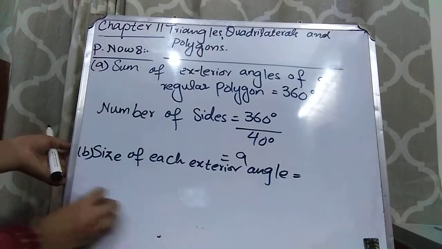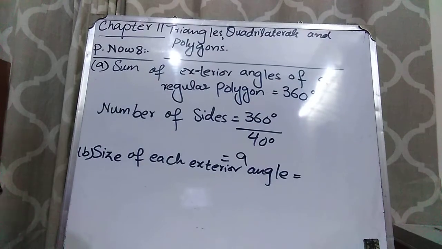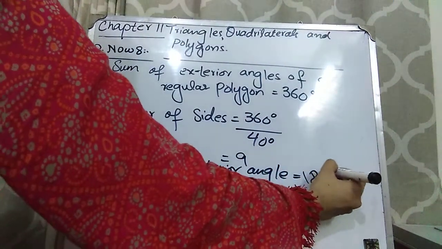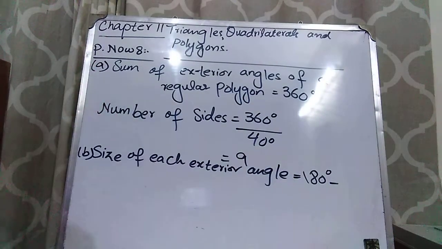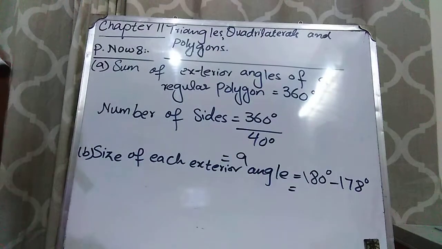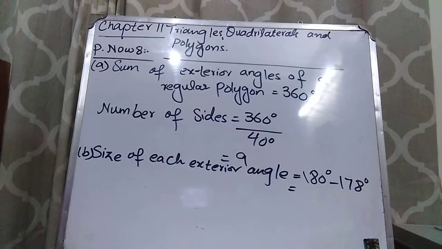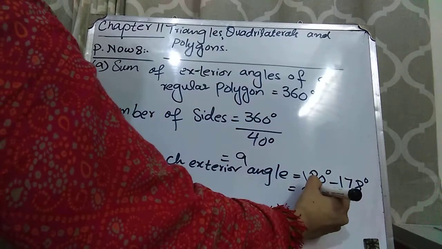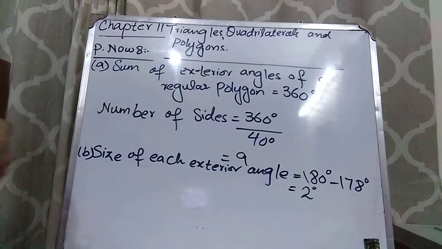All right, so here you will find out the size of each exterior angle by subtracting the interior angle from 180 degree, and that is 178 degree. Each interior angle is 178 degree. So when you will subtract 178 from 180, you know that 2 will come. Here it is 2 degree. Now we can find out the number of sides.